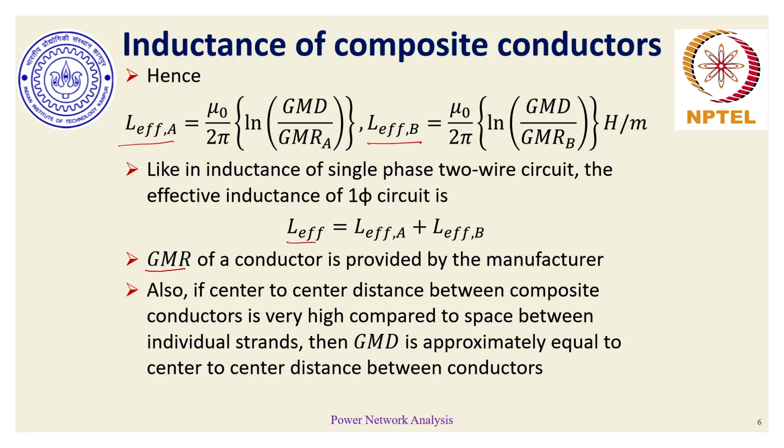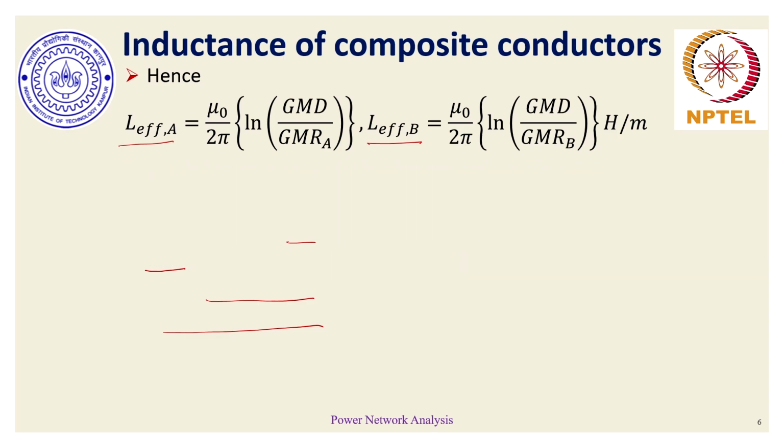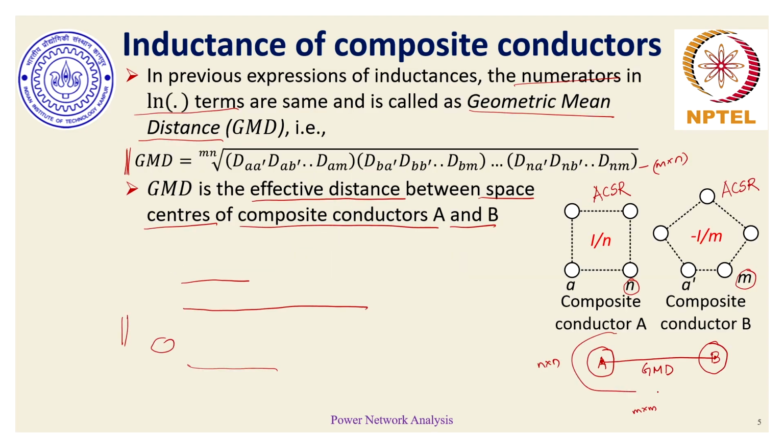And for GMD, if the strands or conductors are spaced far apart, in the sense that the center to center distance between the conductors is very high, then even if we evaluate the GMD as per the actual expression given here, there might be little inaccuracies in terms of the number of decimals present in the distance that we were going to evaluate.